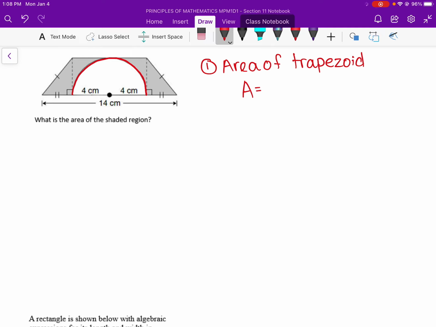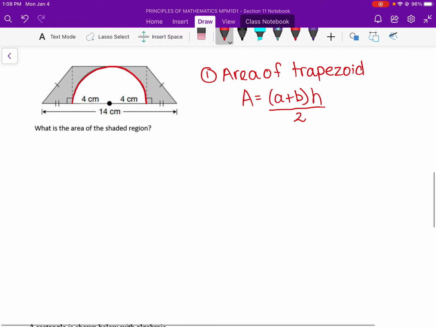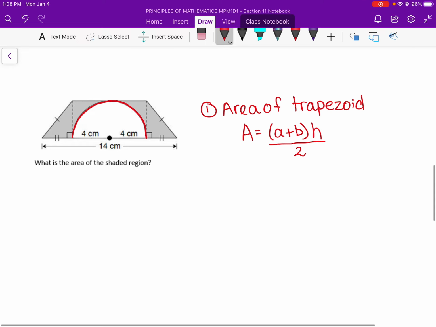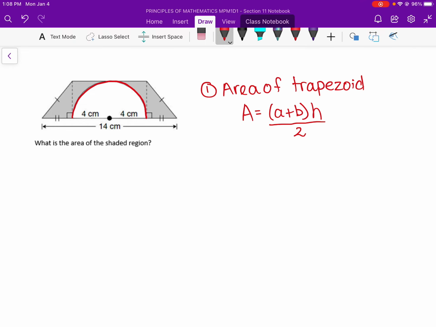The area formula is (A plus B) times height divided by 2. If you look at your formula sheet, it tells you that A and B are the two parallel sides. A would be this side, or it doesn't really matter, and B would be the bottom, and this would be the height.